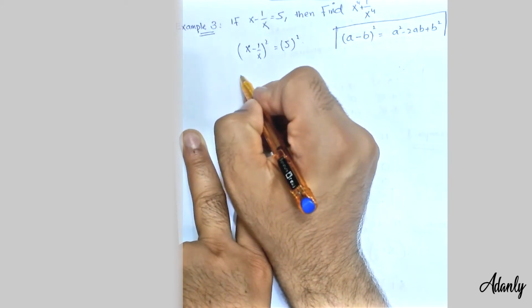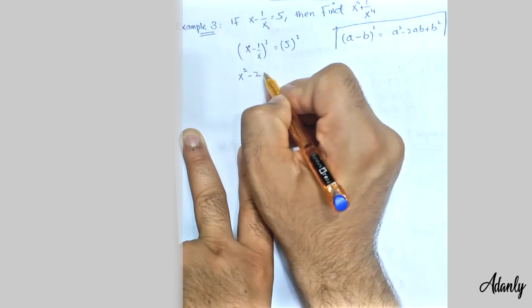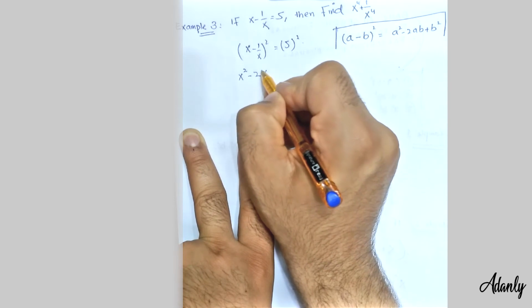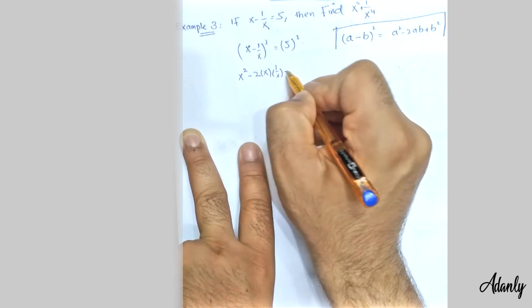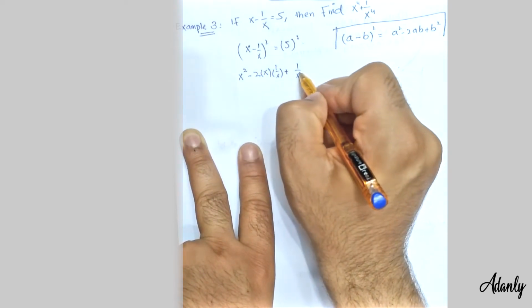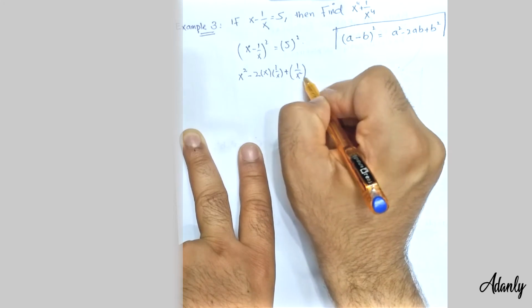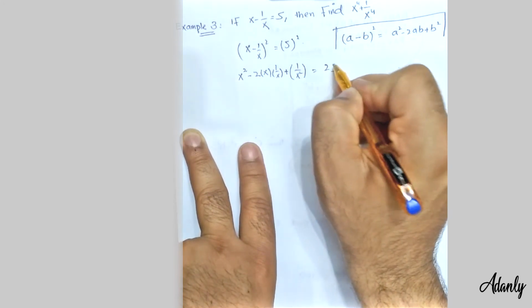So it will become like this: x square minus 2 times x into 1 over x plus b square. In place of b square we will write 1 over x square, equals 5 square, which gives 25.